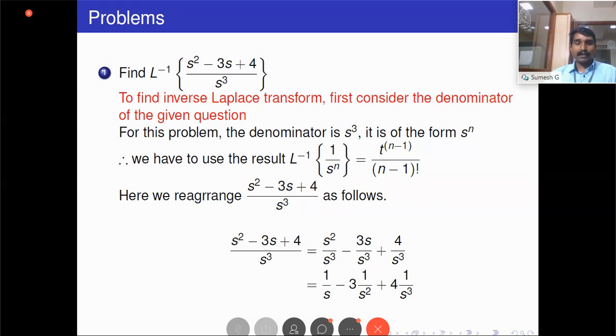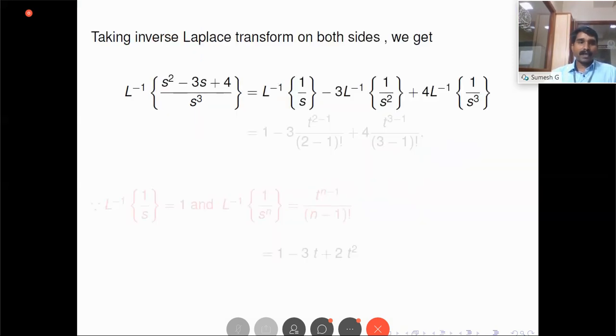Now we can find the inverse Laplace transform of the given question. Take inverse Laplace transform on both sides. We get L inverse of s square minus 3s plus 4 by s cube is equal to L inverse of 1 by s minus 3 into L inverse of 1 by s square plus 4 into L inverse of 1 by s cube.